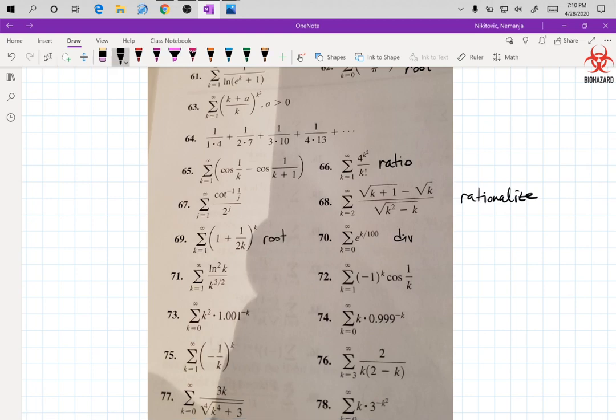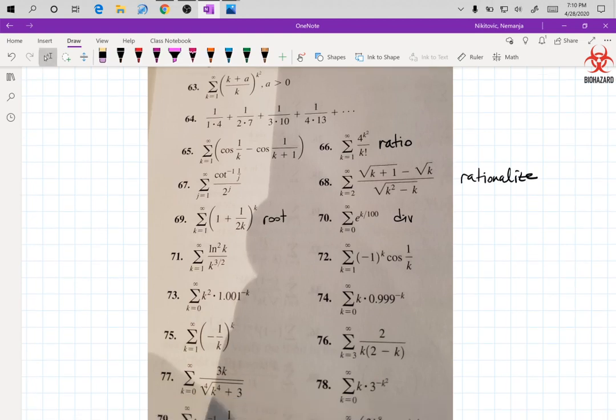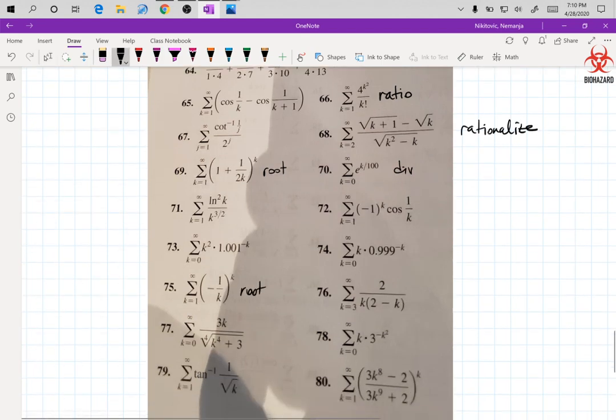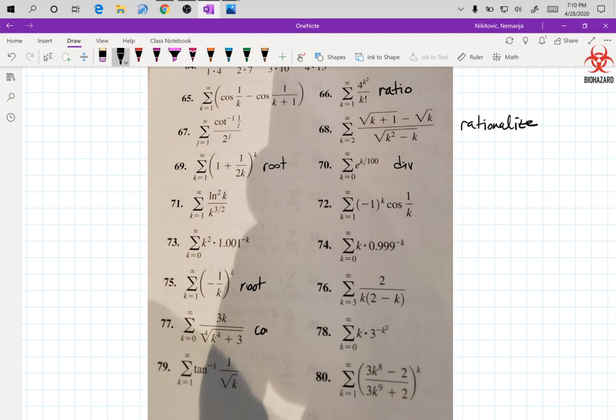More of our roots over here and more root stuff, comparison stuff. It's just this one, you get to rewrite k over 3 to the k squared, kills that minus when you rewrite it, and then it's your ratio test, right?